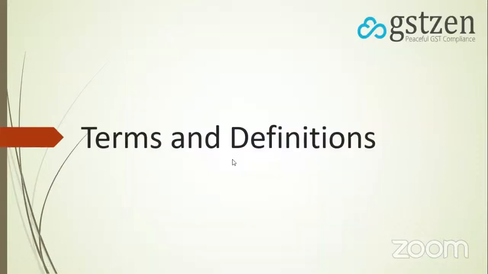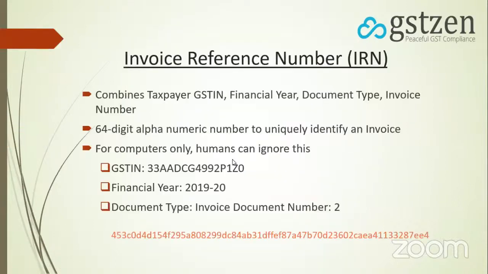Let's look at some of the terms and definitions. Now, what is IRN? IRN is a unique number that is allocated to each invoice that is registered with the e-invoice portal. It is a combination of the taxpayer GST number, financial year, document type, and invoice number. So IRN is generated based on these four details.